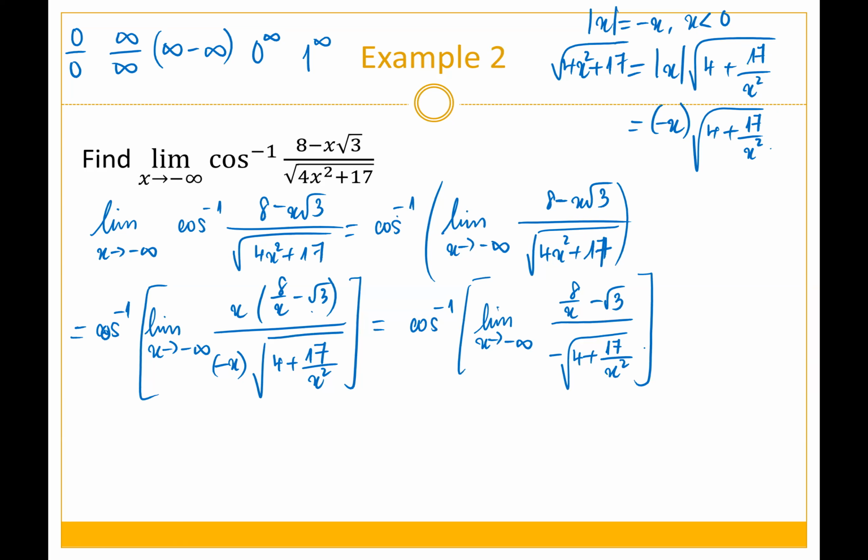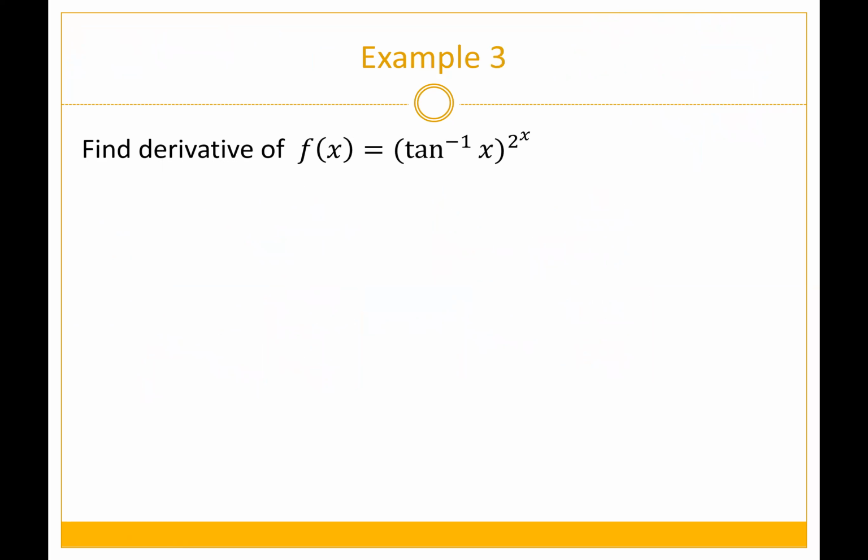Now all we need to see is that when x approaches negative infinity, this part is 0 and this is also 0. So what we end up having is inverse cosine of negative square root of 3 over negative square root of 4, which is negative 2. Or inverse cosine of square root of 3 over 2. Now this is where you're going to use the domain and the range of the inverse function to solve for this.